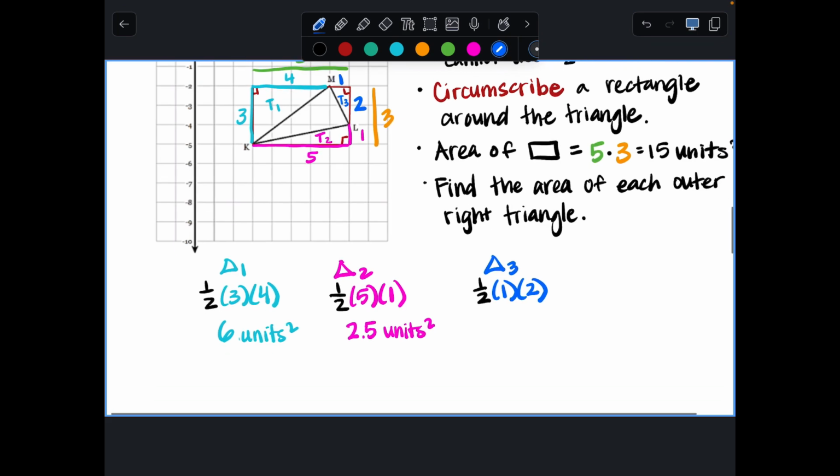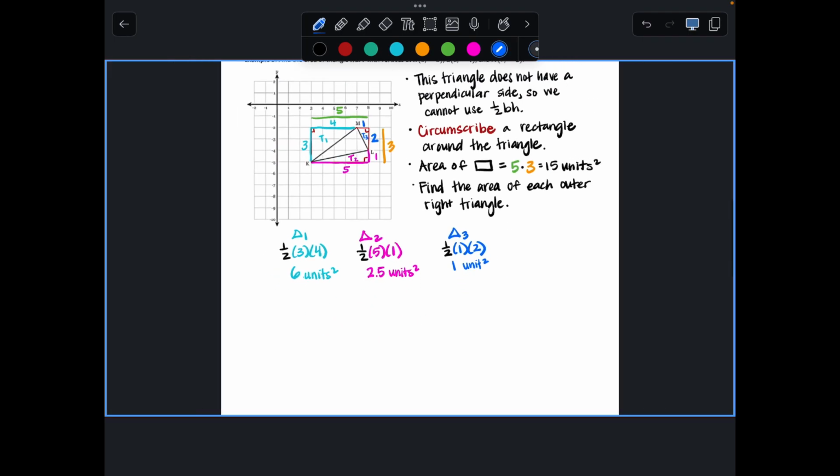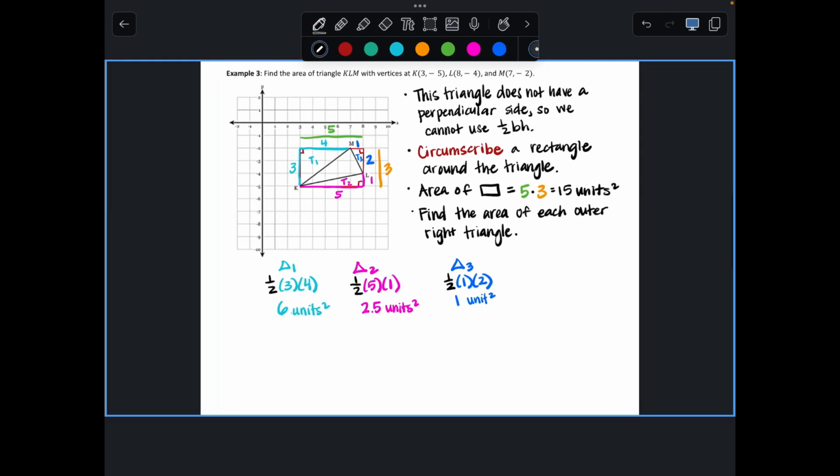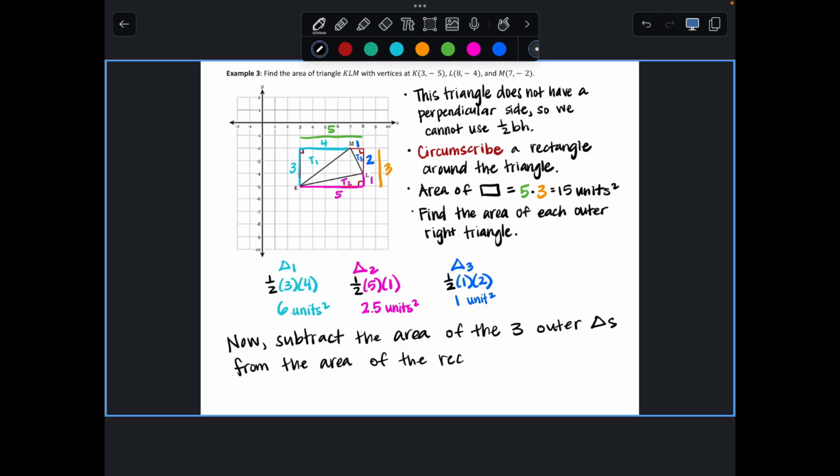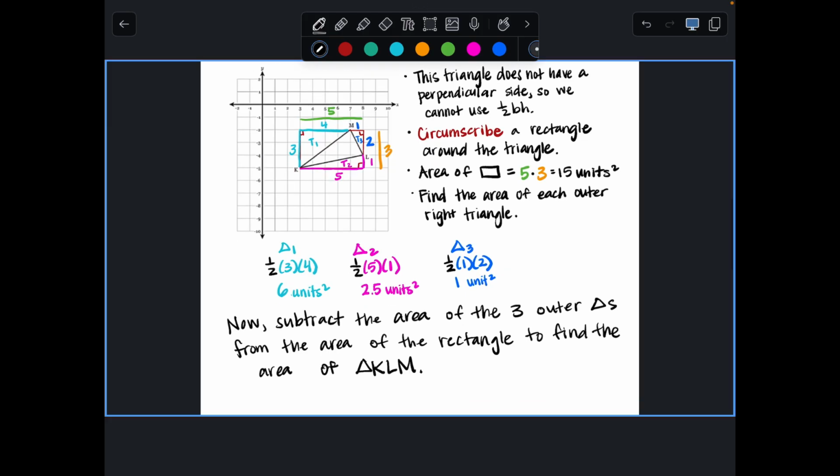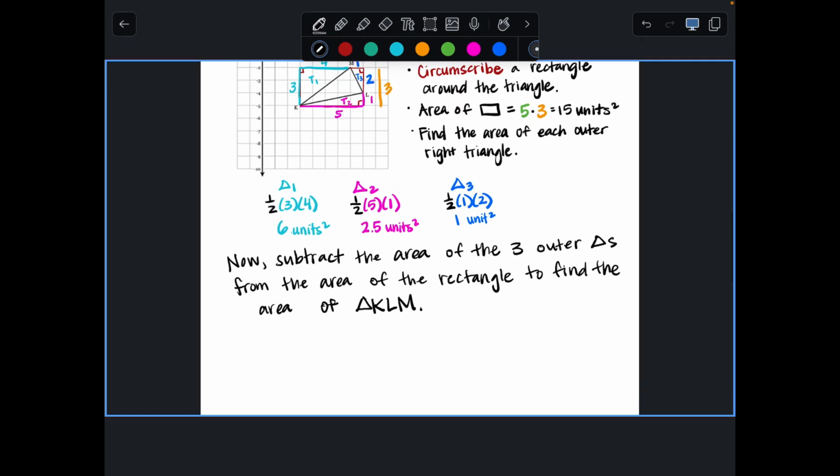So what is the area? 1. So the area of the rectangle was 15.